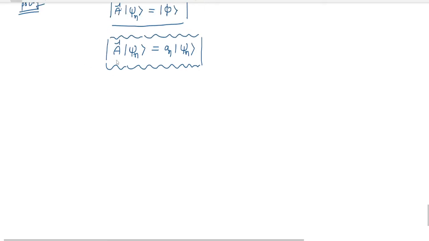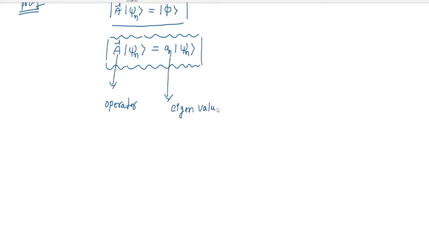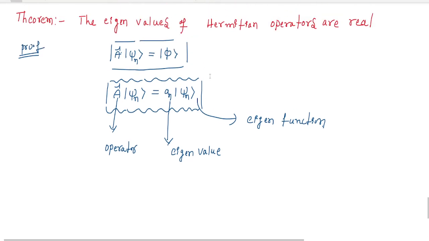In this equation, A is the operator, a_n is the eigenvalue, and psi_n is an eigenfunction. So here we are going to prove that eigenvalues of Hermitian operators are real.